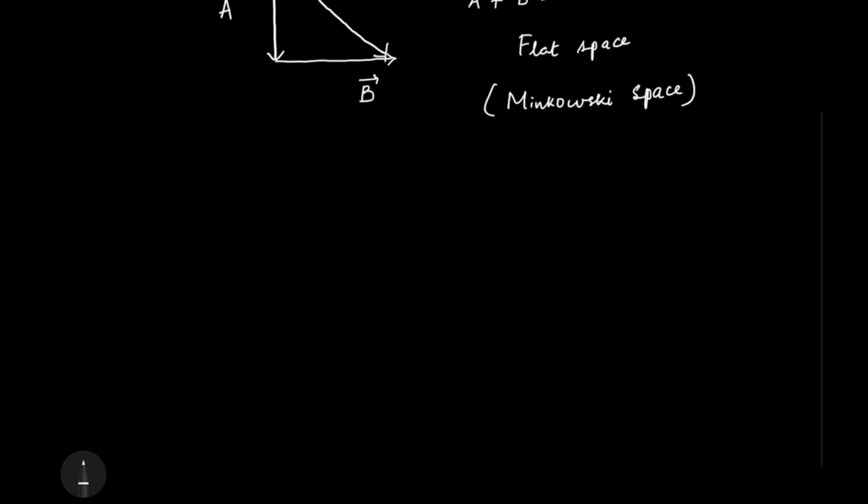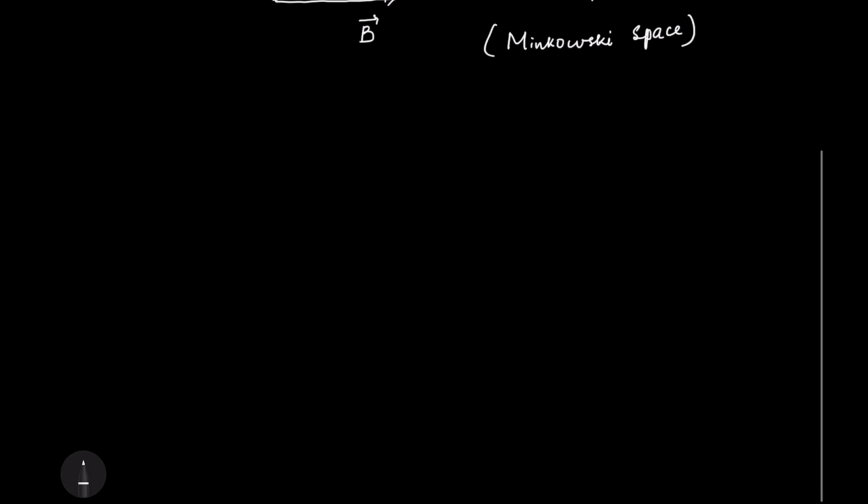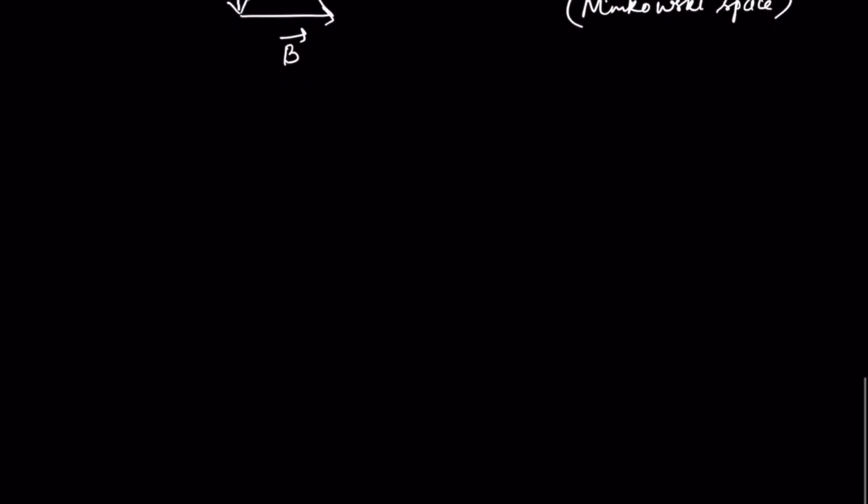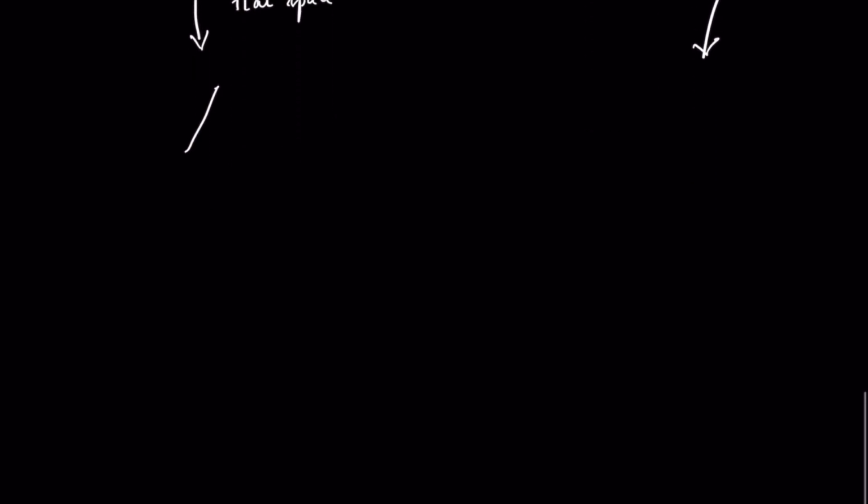Because whatever is a straight line in the flat space, when it goes to the Riemannian space-time, I'll represent it by RST. This is the Riemannian space-time. Then it will be curved, right? So if you have a triangle in flat space or in the Euclidean space, then in the Riemannian space-time, you will get a curved triangle, something like this, right? It will be curved.